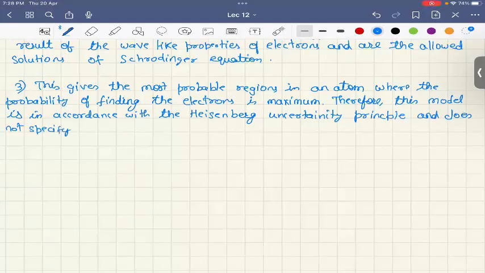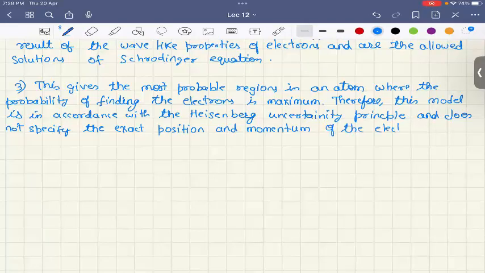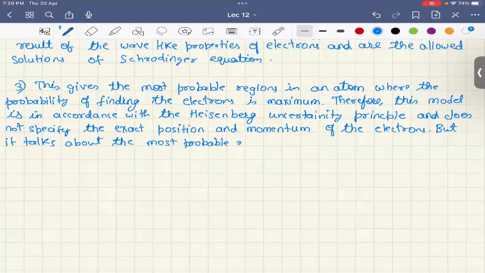And does not specify the exact position and momentum of the electron, right? But it talks about most probable regions called orbitals, right?